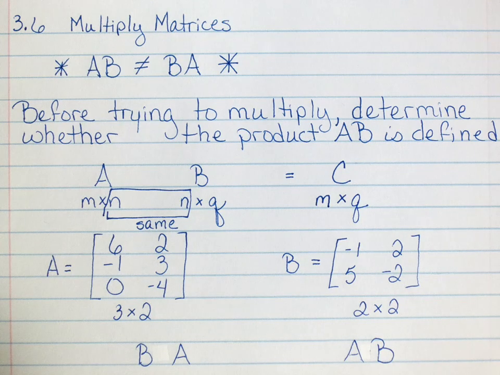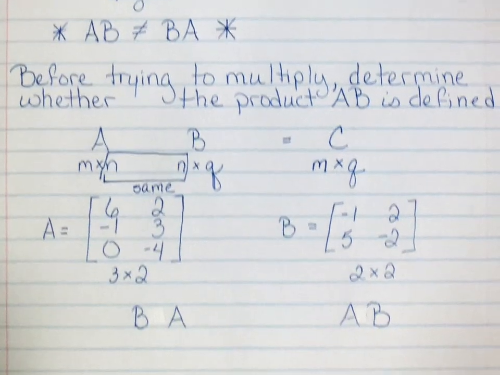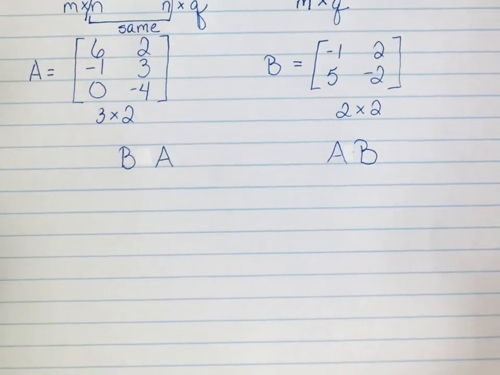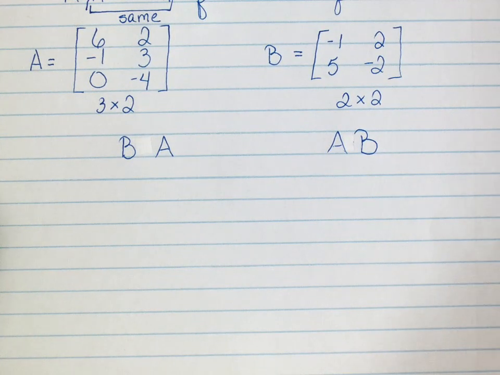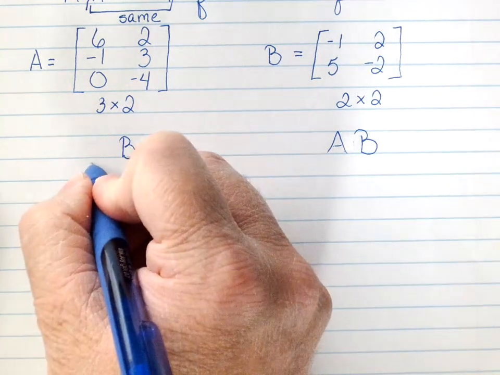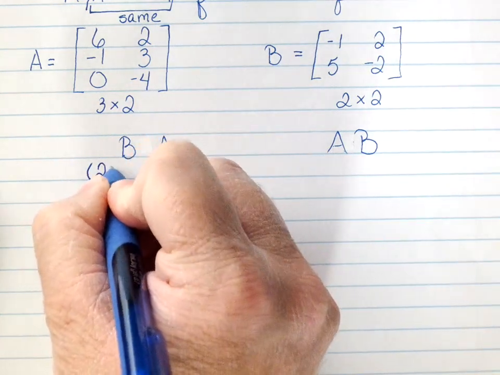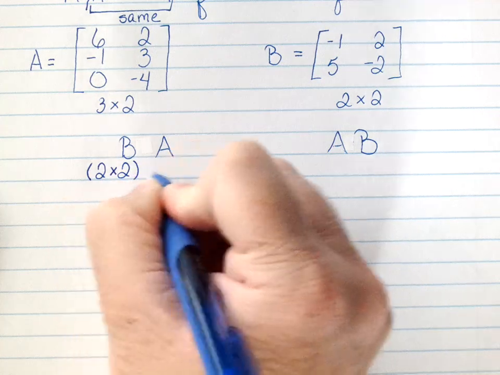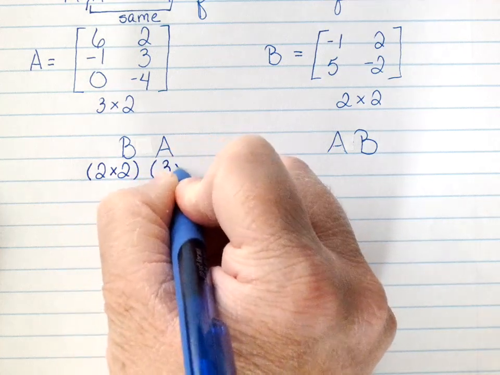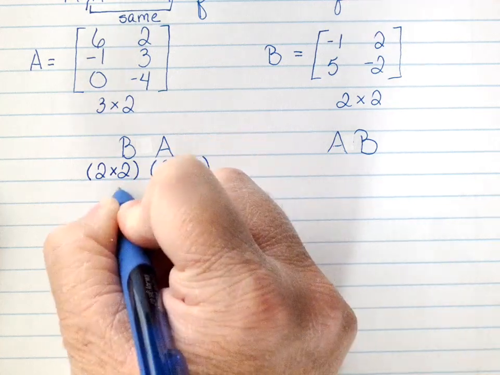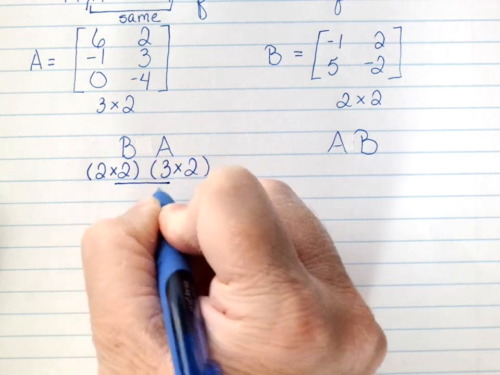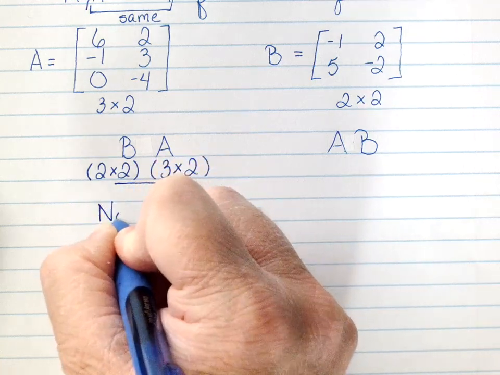So here I have two sample matrices. I have matrix A and I have matrix B. First we're going to look at B times A. B has dimensions 2 by 2. A has dimensions 3 by 2. These are not the same value, so this is not possible.